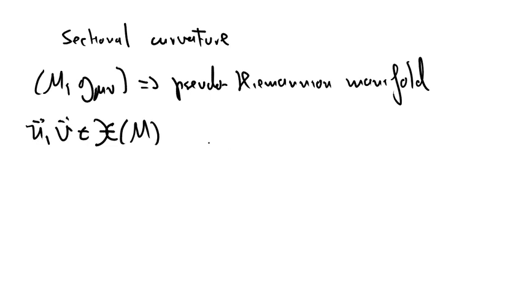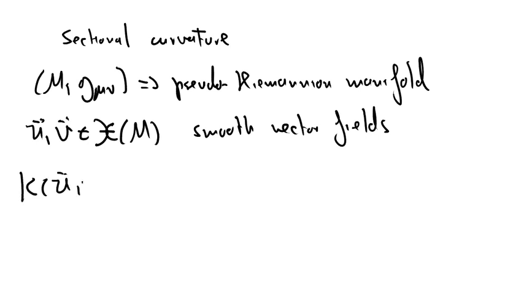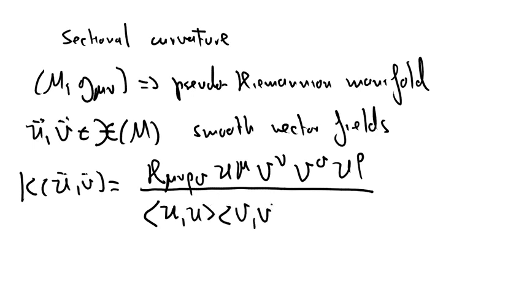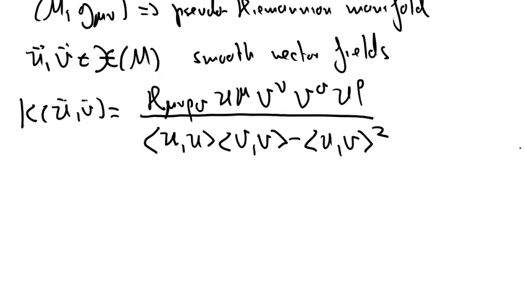U and V are smooth vector fields defined on M. Then the sectional curvature is defined as follows, where the brackets are an abbreviation for the scalar product with respect to the metric.